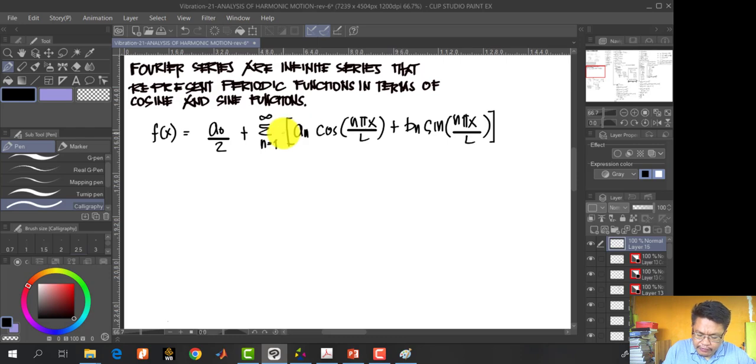Then, to get the values of a sub 0, a sub n, and b sub n, we're going to integrate.